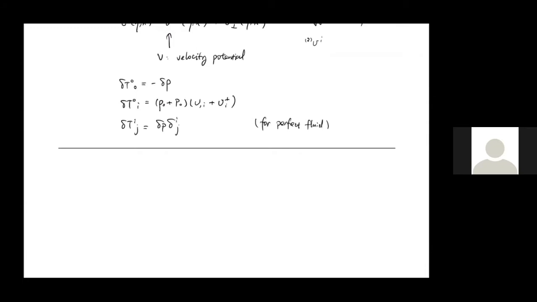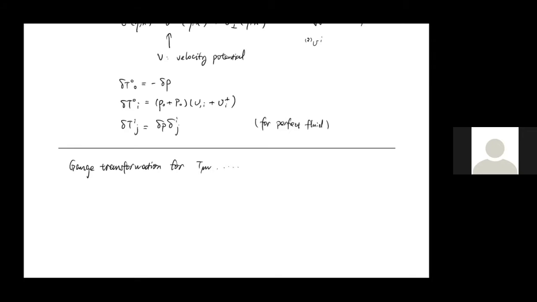Anyway, so we need the gauge transformation for, let's say, T mu nu stuff. In this case, for instance, we need the transformation law for the perturbation of a scalar. Let's see.